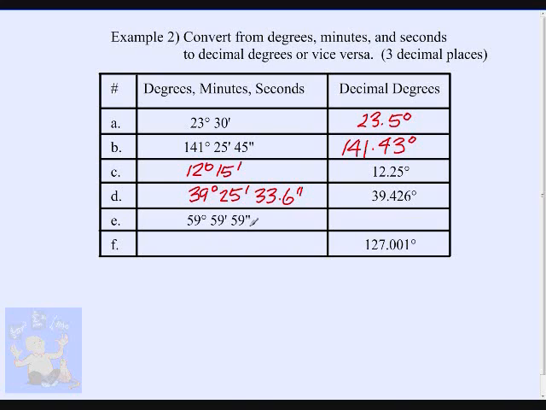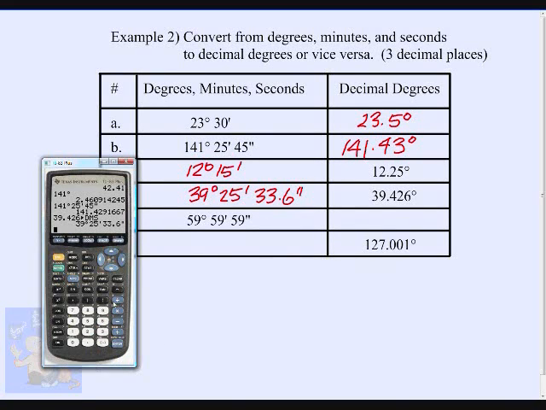This is an interesting one. How far away is this from 60 degrees? 1 second. So close. If we were rounding, of course, we would be putting in 60. So what do we expect to get for decimal? 59.999 or something like that.